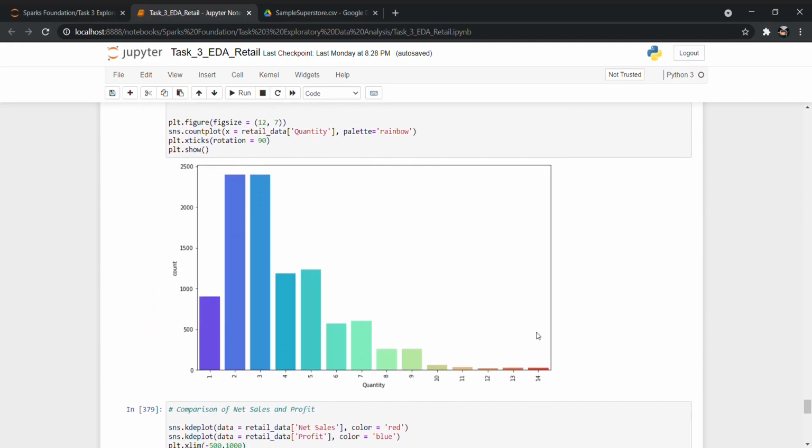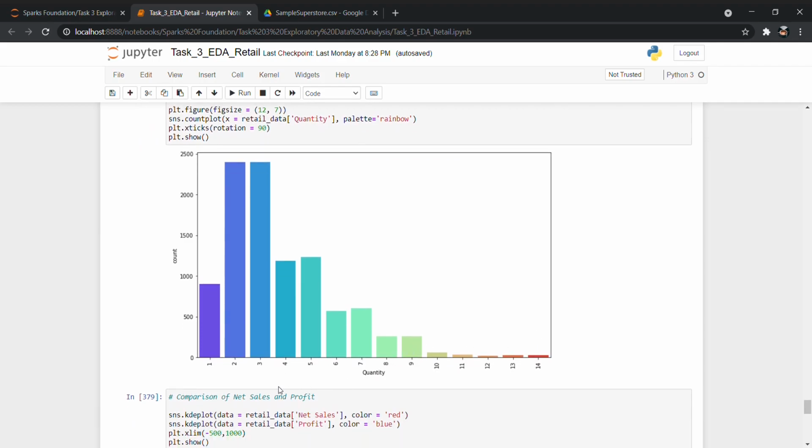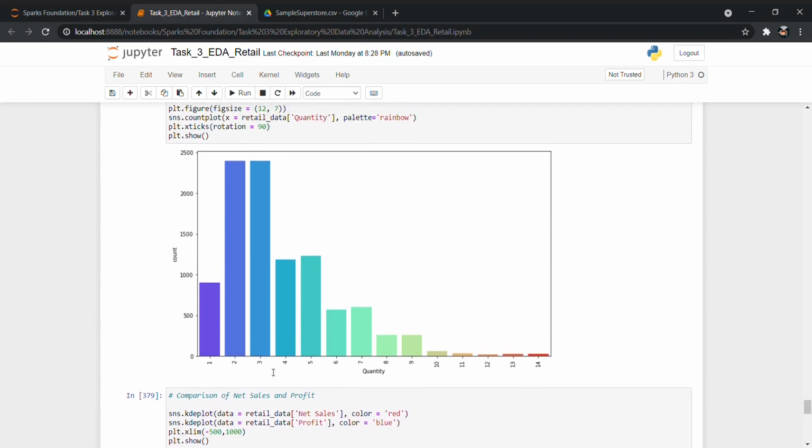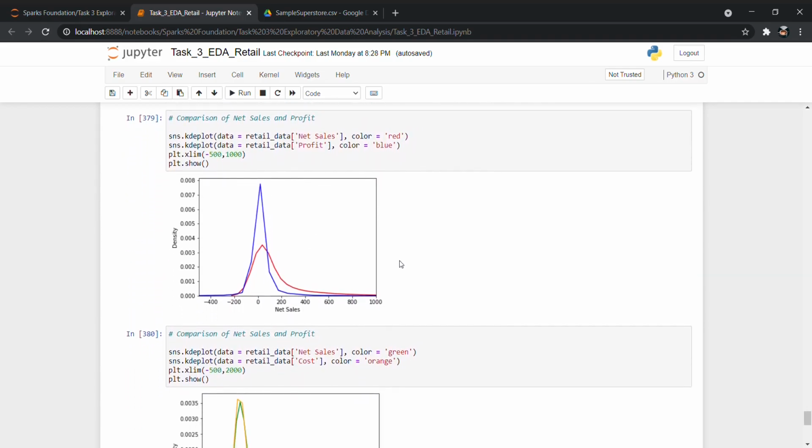This plot shows the quantities sold. You can see the major quantities sold are 2 or 3. Here is the KDE plot of net sales and profit. It shows a positive relation.